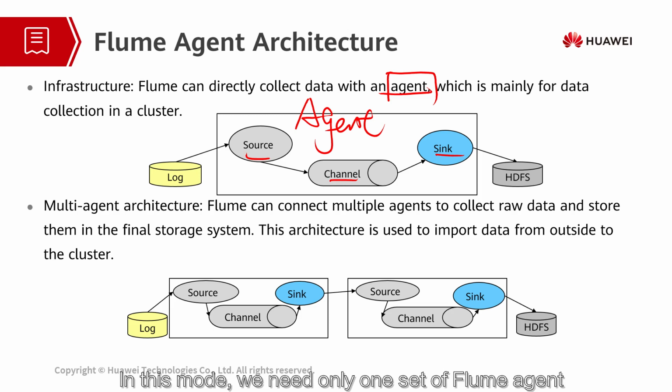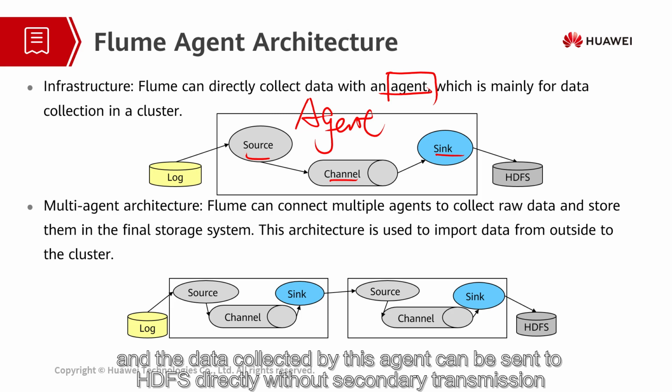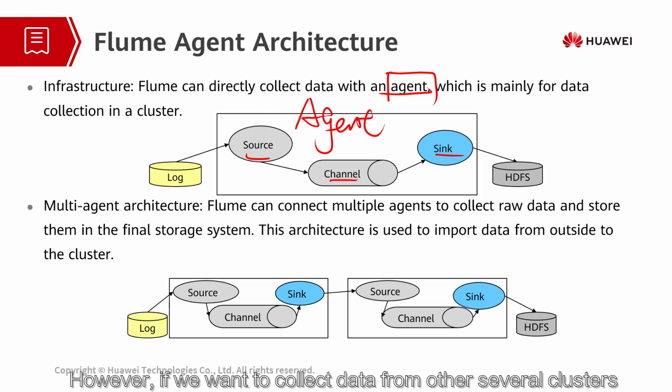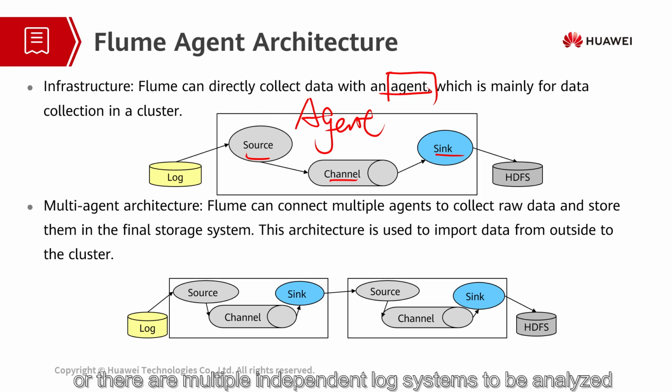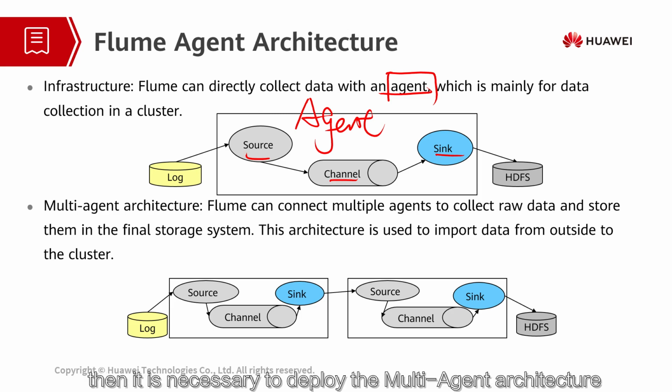In this mode, we need only one set of Flume agent, and the data collected by this agent can be sent to HDFS directly without secondary transmission. However, if we want to collect data from several other clusters, or there are multiple independent log systems to be analyzed, then it is necessary to deploy the multi-agent architecture.